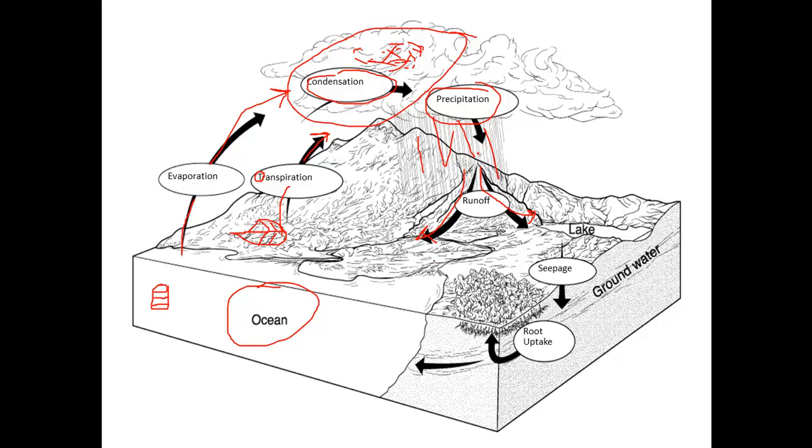So runoff is when it's running down, running off the mountains and hills and all of the features, buildings. Now, it will be in the soil, and it needs to sink or seep down into the soil. That's called seepage. And it's either going to be taken up by the roots of plants, or it's going to be filtered back into the ocean, lakes, and other things.